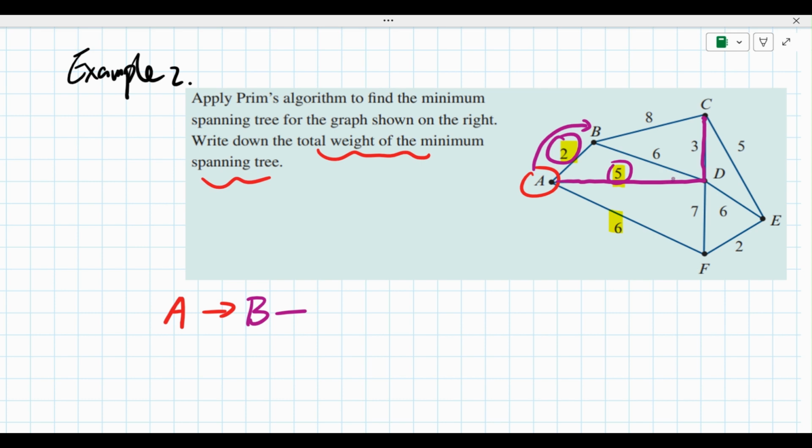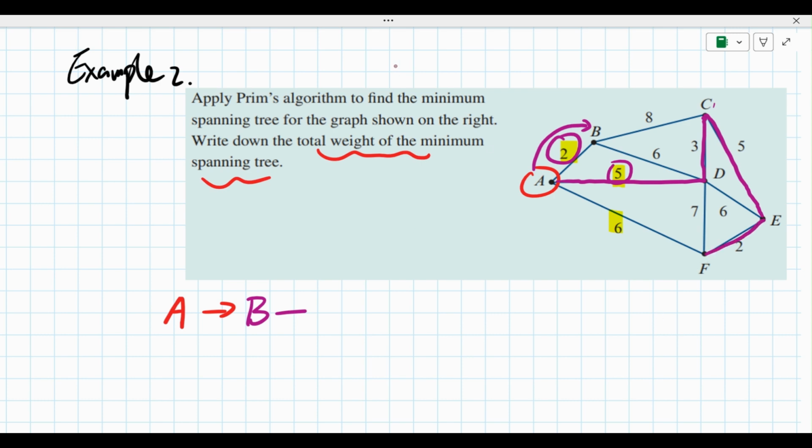And then we only have A, B, D, C, and the smallest weight will be C to E. And after that we add E to F, which is the smallest.